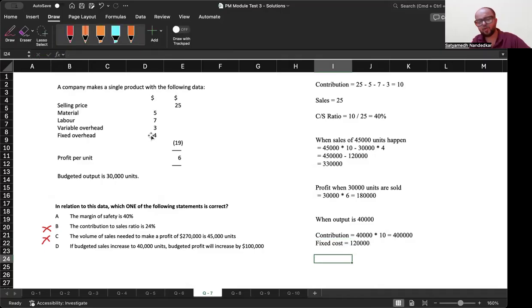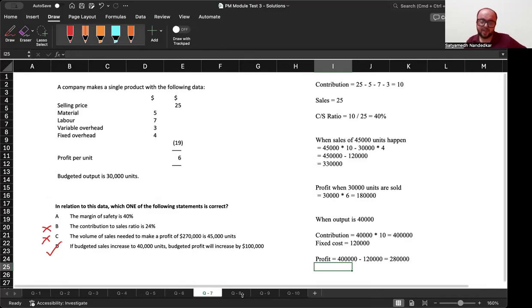That doesn't change because that was already made, and now you have a new budgeted output here. So profit will be 4 lakh minus 1,20,000, which is 2,80,000. If budgeted sales increases to 40,000, budgeted profit will increase by 1 lakh. Option D is your correct answer. Okay? Patience. These are questions that will require patience from you.